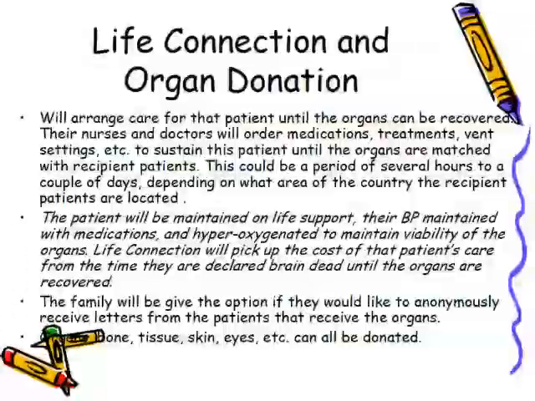They would be still in a hospital ICU situation, but Life Connection nurses and doctors take over care of that patient once they're declared brain dead and the family signs consent for organ donation. So it's very interesting. I highly recommend to go to their conference.